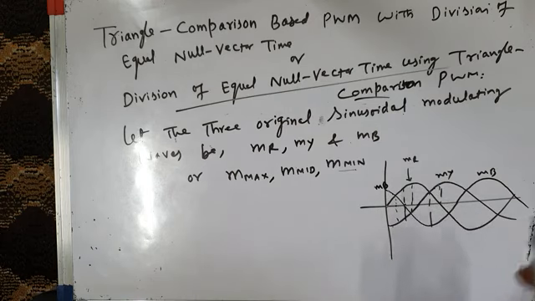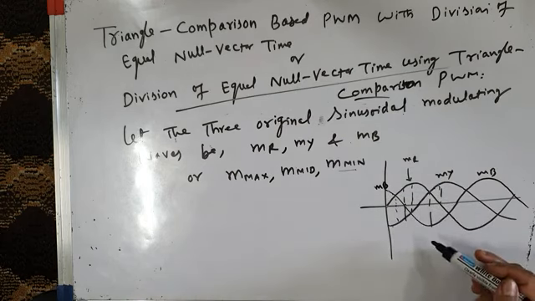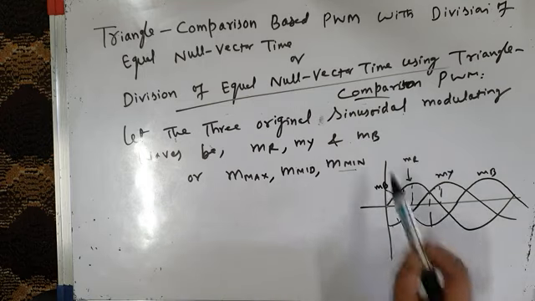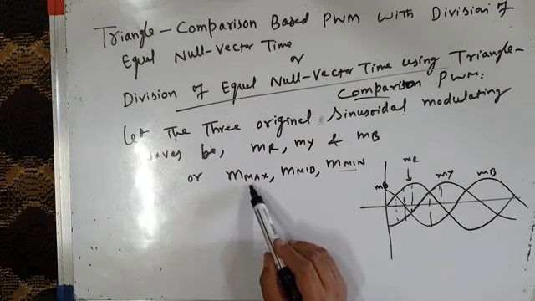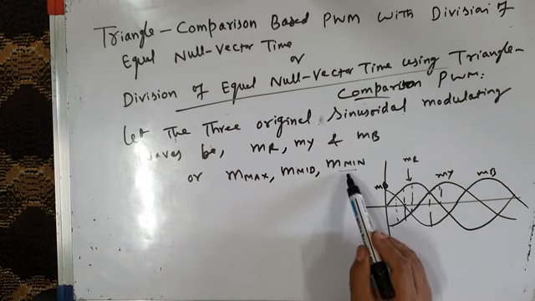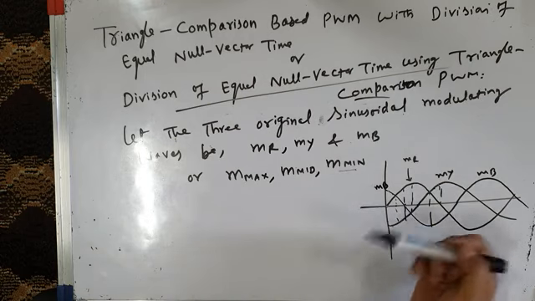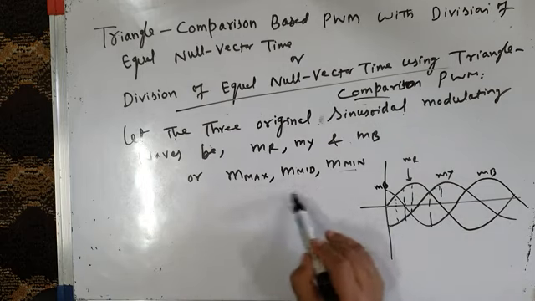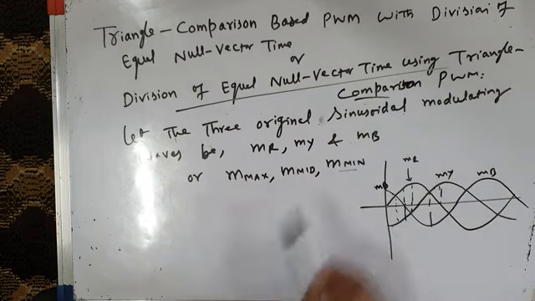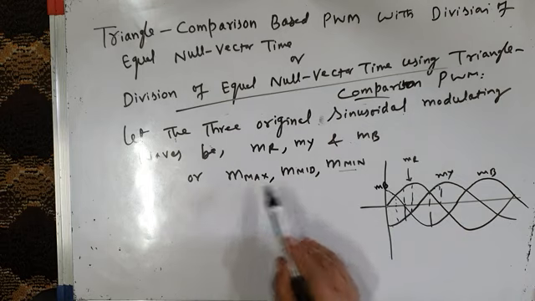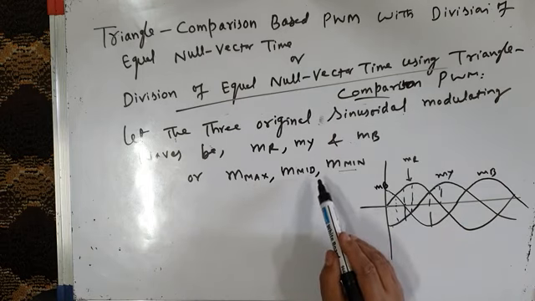So at any instant of time, you will have three modulating waves, out of which one will be having the maximum value, another will be having the minimum value, maybe negative, and the third one will be in between the two: M max, M min, and M mid.